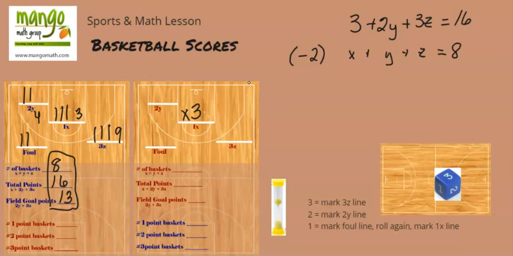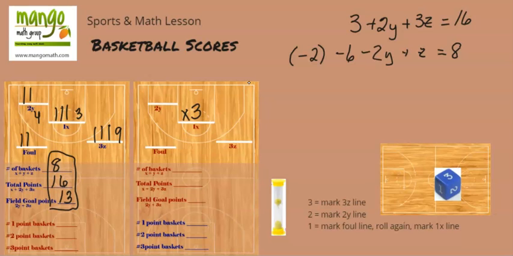So now we know what that x was worth, 3, so I'm going to erase that x. I'm going to take that -2 times 3, and I get -6. Now I'm going to take that -2 times this y, and I'm going to get a -2y. So I'm going to take out that positive sign, and put in a -2y.